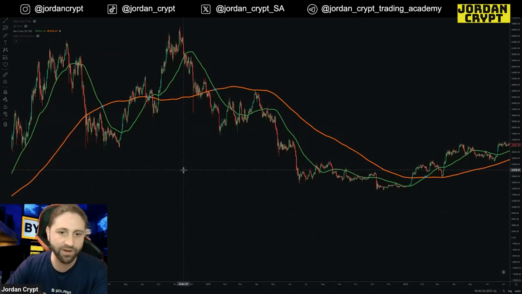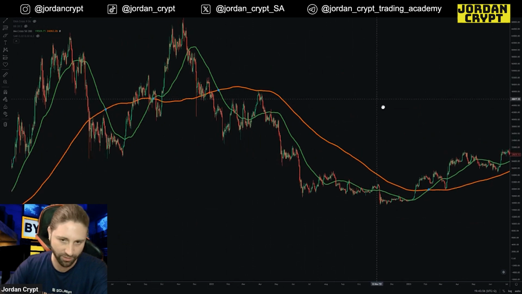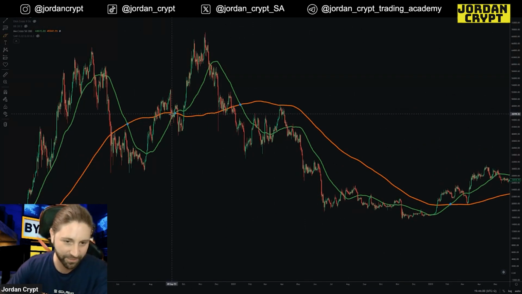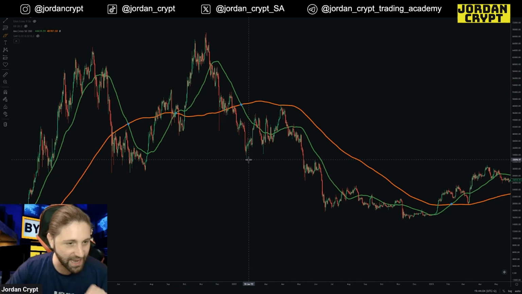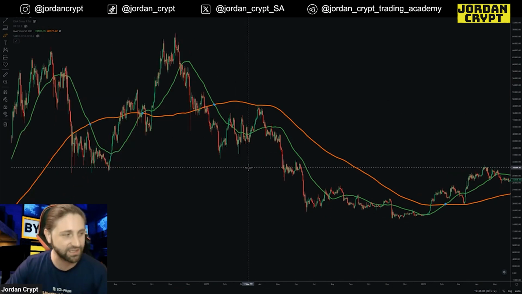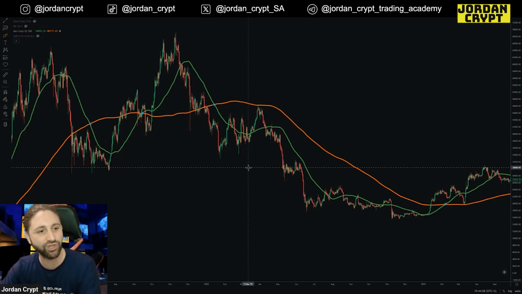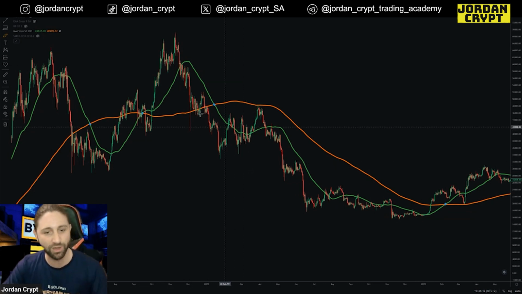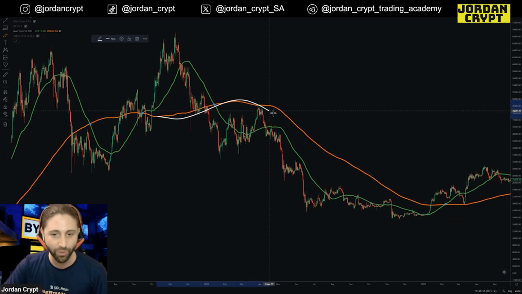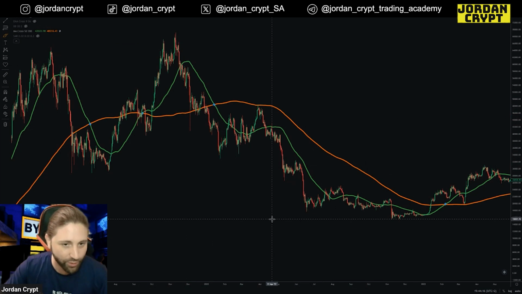So if we look at our previous market cycle, we can see very clearly where these crosses occurred. What we're seeing here at this green line is our 50-day moving average. This is our shorter term moving average in this cross. We are crossing the 50 with the 200. This orange one is our longer term moving average.